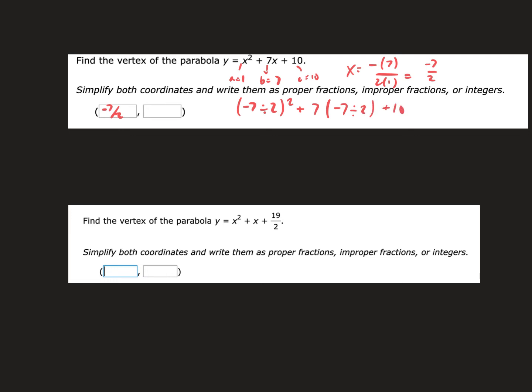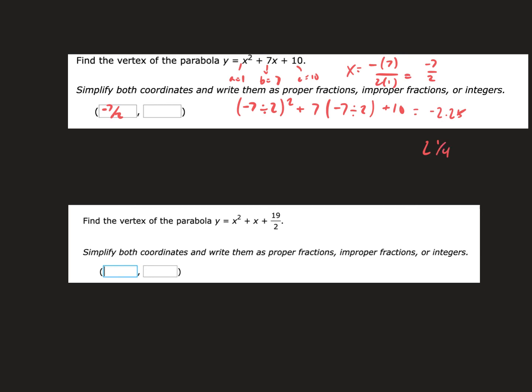When you do that, let's see what you get. I get negative 2.25. So that's 2 1/4.